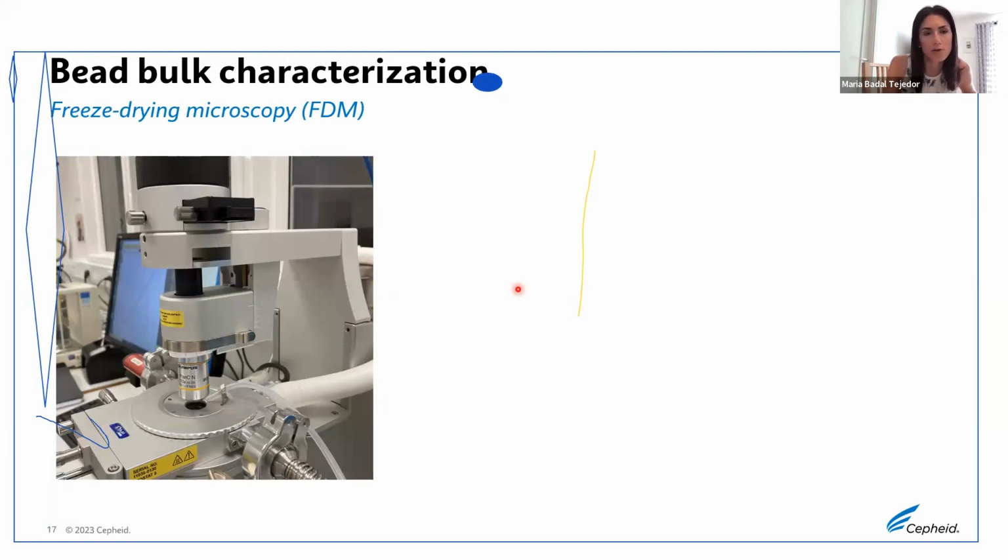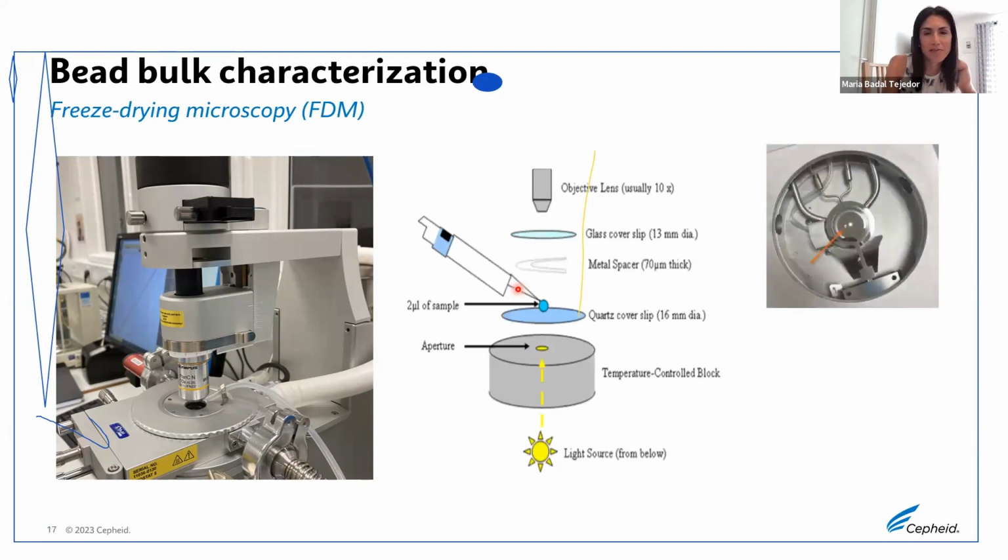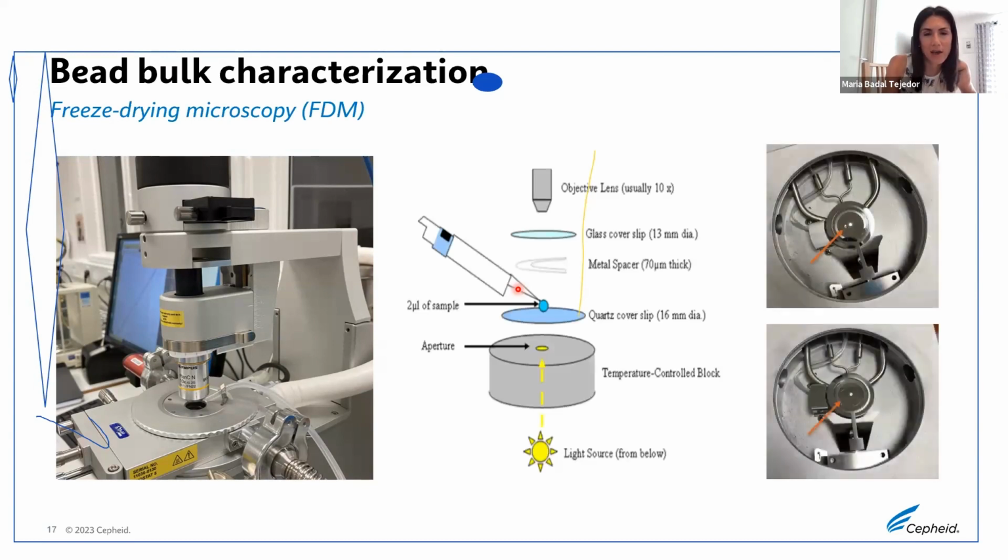So for that we have used freeze-drying microscopy. For those that are not very familiar with the technique, what it basically does is mimic the conditions that we have in our lyo cycle, but in a small chamber, and we just need a drop of our solution to run the experiments.